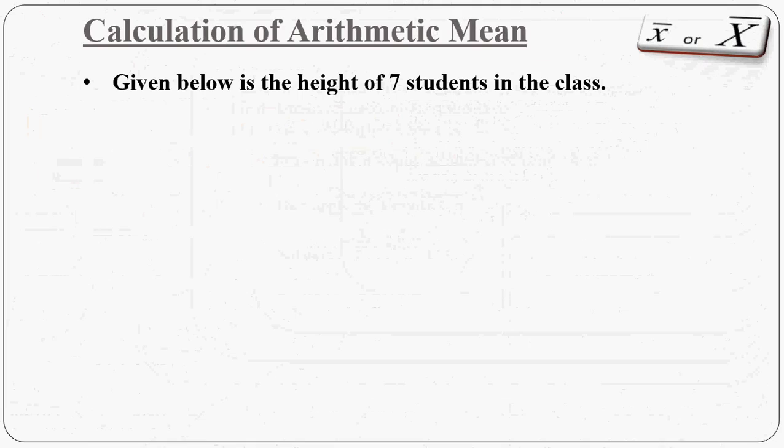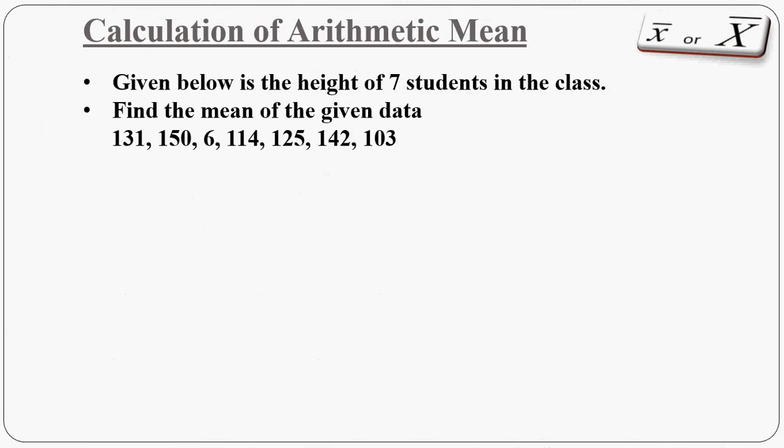Given below is the height of 7 students in the class. Find the mean of the given data. So 131, 150, 6, 114, 125, 142 and 103. These are the values of heights of 7 students given. Find the mean. So mean, what is the formula? Sigma x by n. What is sigma x? You need to total the values from 131 to 103.